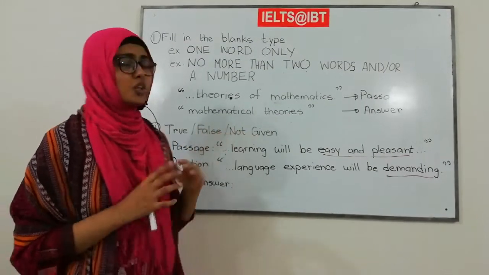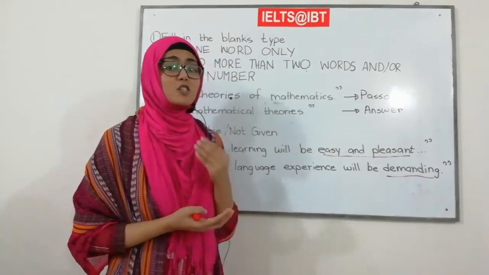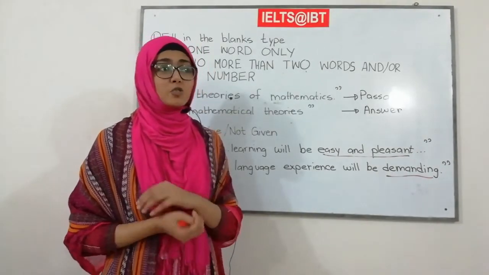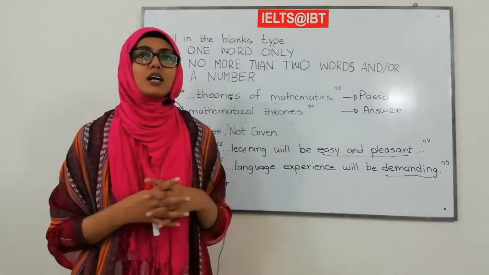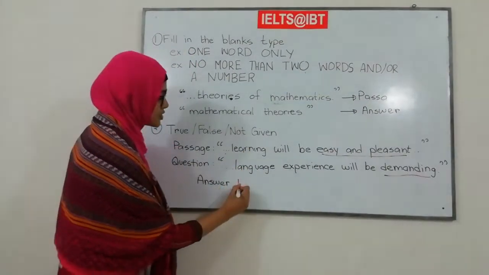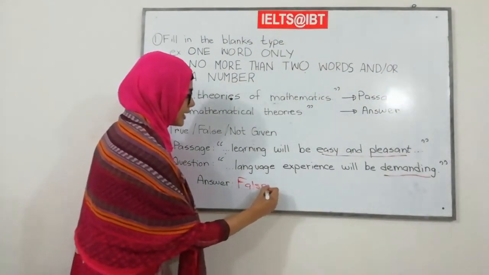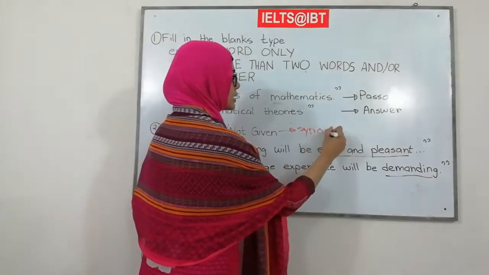We are going to choose not given when the question's information is not mentioned in the passage whatsoever. So that would be my suggestion to you. Look for synonyms. So this answer is false. And for true, false, not given, you are going to look for synonyms.